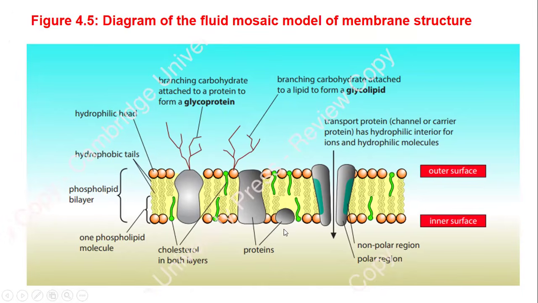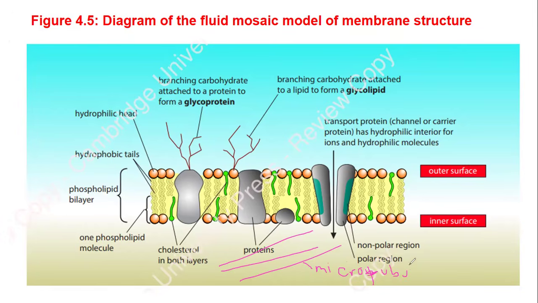Then some of the proteins in the cell surface membrane are able to be part of the cytoskeleton. Remember, we saw that within the cytoplasm, we can have what we call microtubules or filaments.